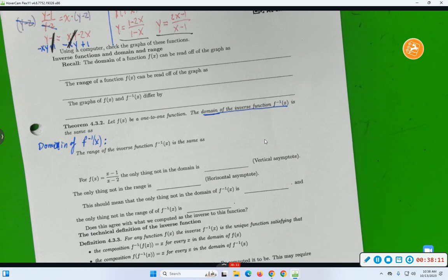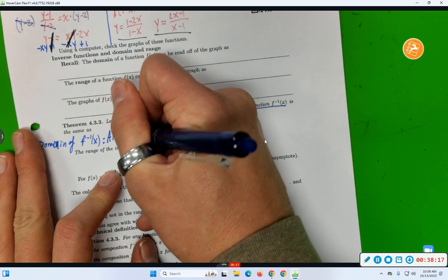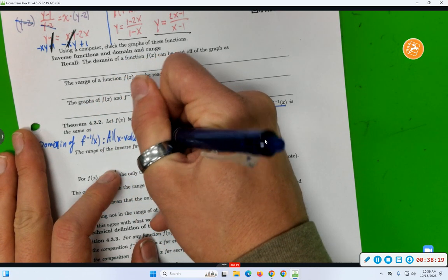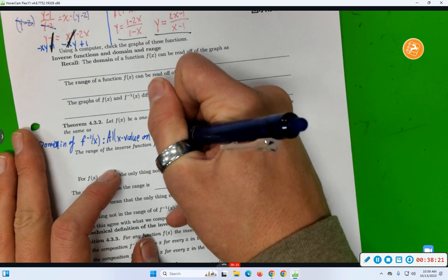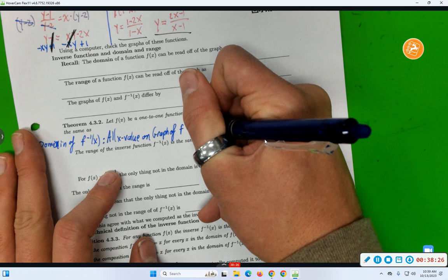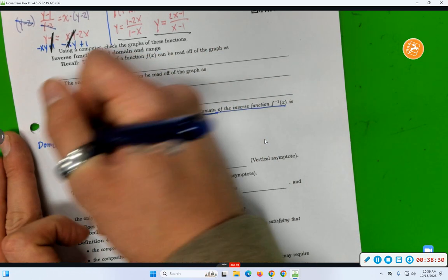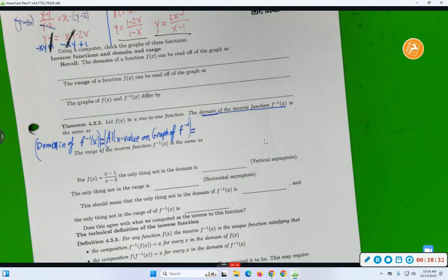It's all the x values on the graph. So the domain of f inverse is all x values on the graph of f inverse.